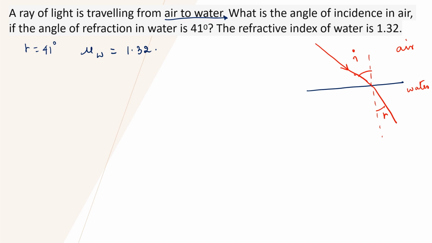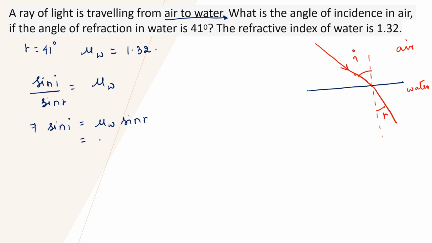So what do we do? We use Snell's law. Snell's law says sin i by sin r is constant, and that constant is equal to the refractive index. So we want the angle of incidence. Sin i is equal to mu w into sin r. Let's put the values.